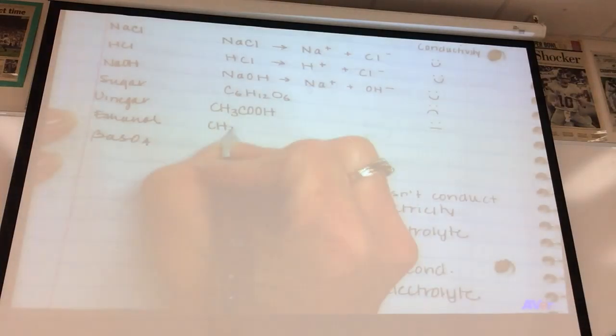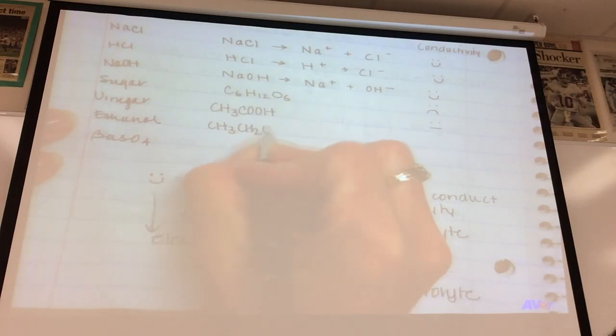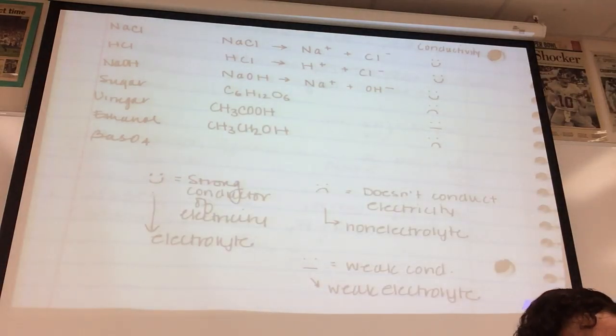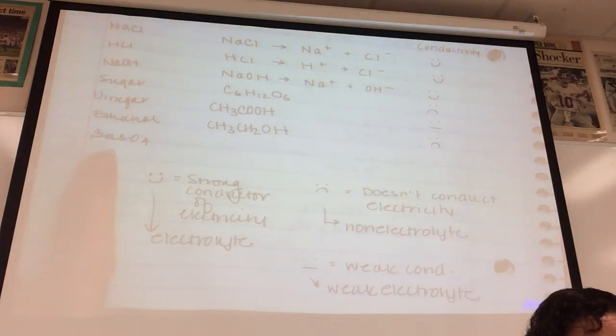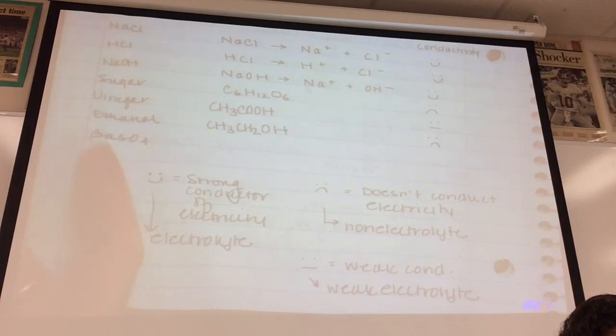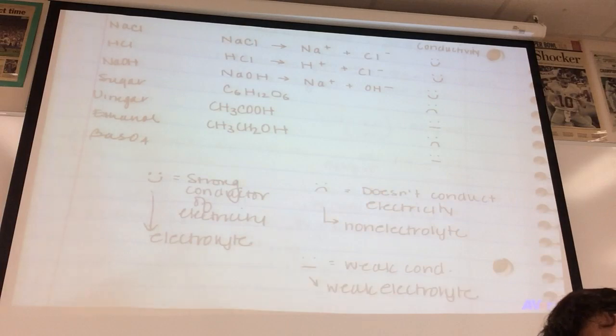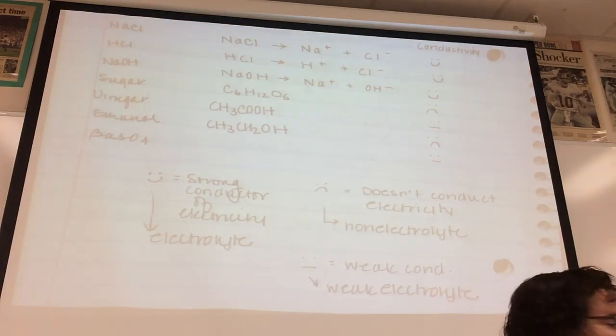Ethanol is CH3CH2OH, and that does not conduct electricity. Now, barium sulfate is ionic, but this is an insoluble salt or a barely soluble salt, and this too was a non-conductor. And we'll go through the solubility rules in a bit.